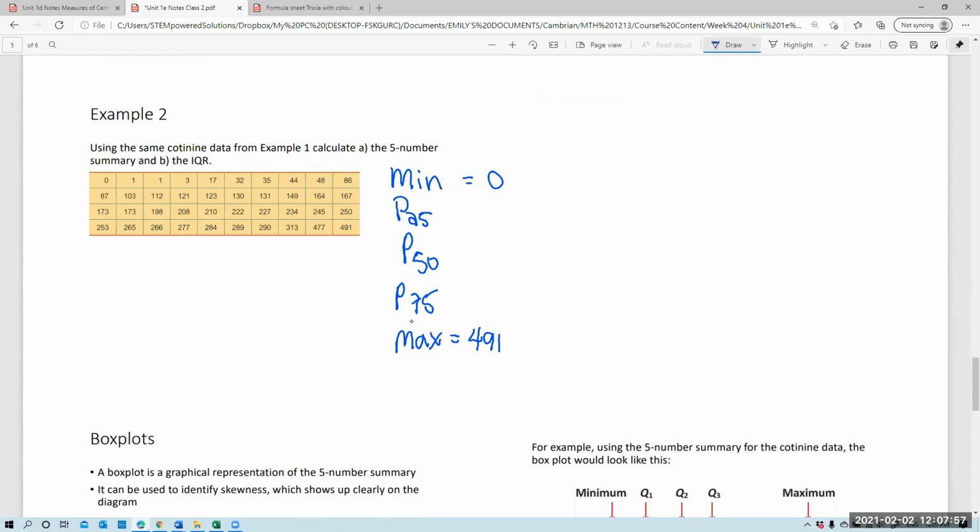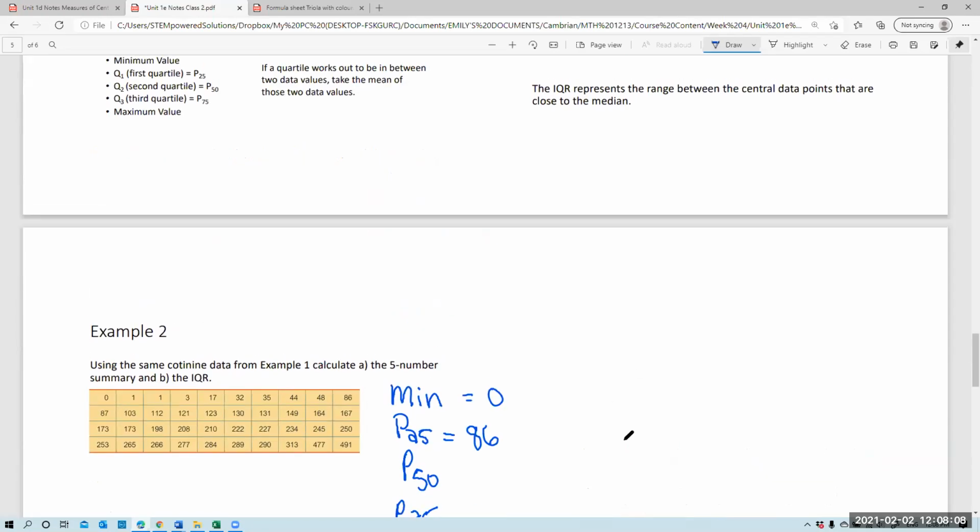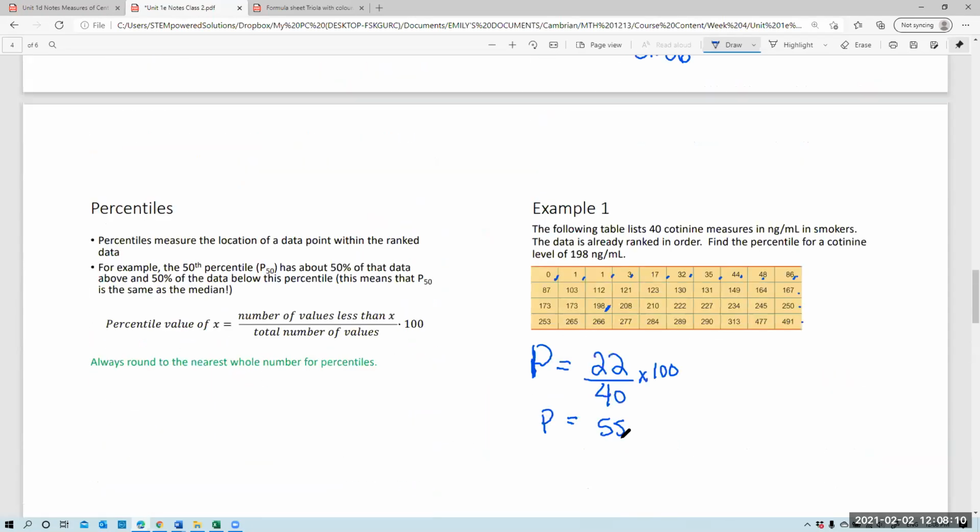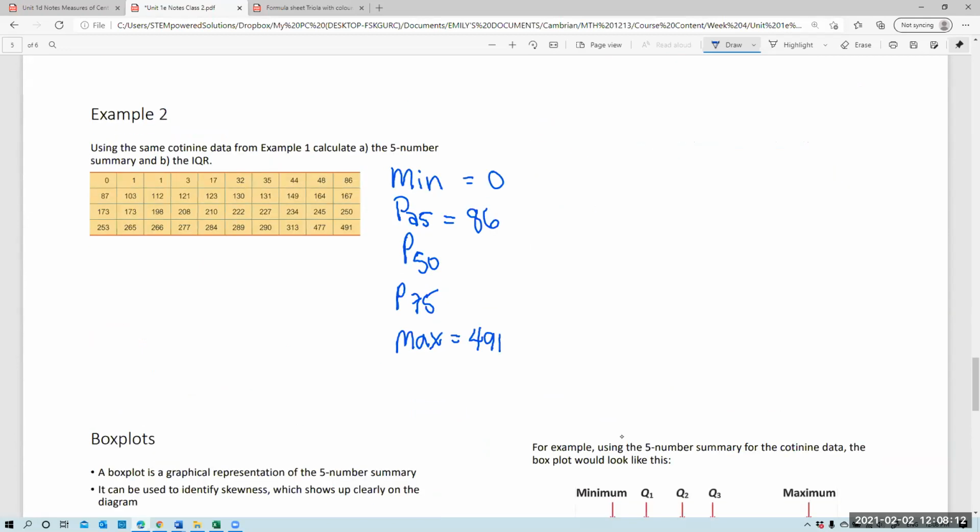P25, or the first 25% of the data, is 86 nanograms per milliliter. The data that represents the halfway point is 167.